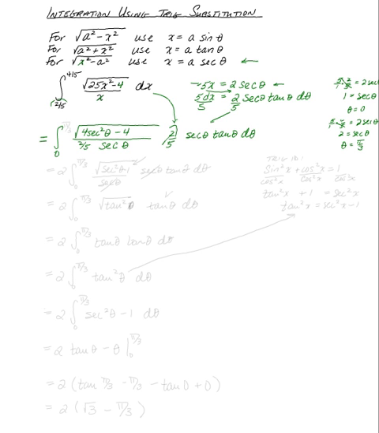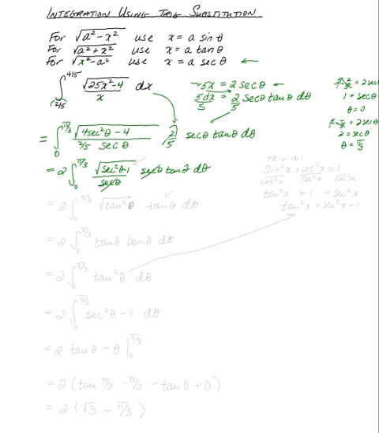So that's my new upper bound. Now we're going to pull the 2 out of the square root of 4. I'll bring it all the way on the outside, and I'd have 2 times the integral from 0 to pi over 3. That leaves me with the square root of secant squared theta minus 1, over secant of theta, and then a secant of theta, tangent of theta, d theta. And I notice that these secants cross off.